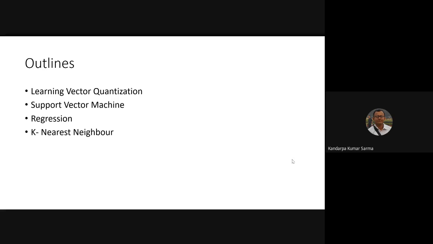Therefore, we are focusing on learning vector quantization, support vector machine, then regression, and k nearest neighbor.